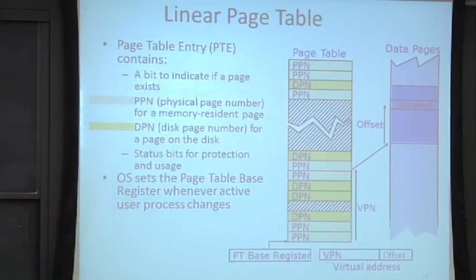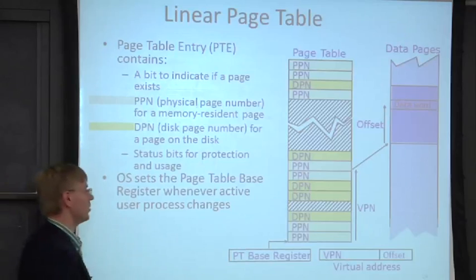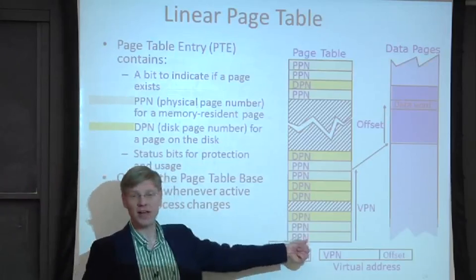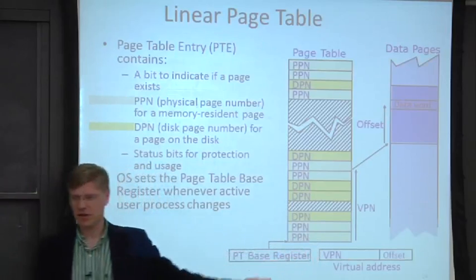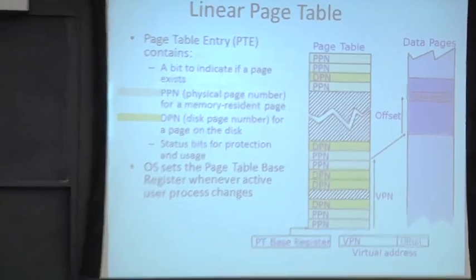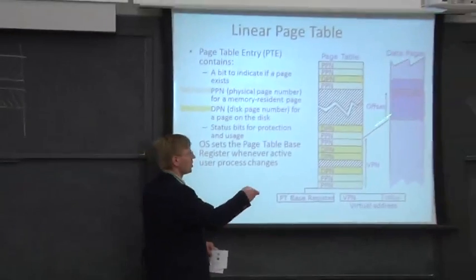And then we're going to have some structure in the page table here. And what does that structure look like? Well, there's probably a valid bit. There's a physical page number, which points to some place over here.